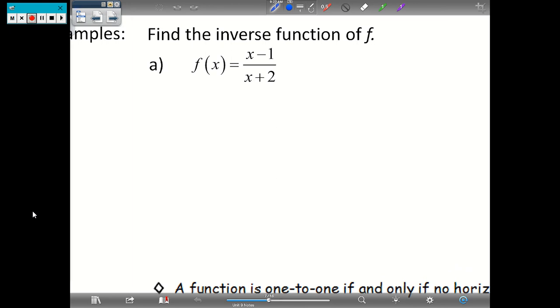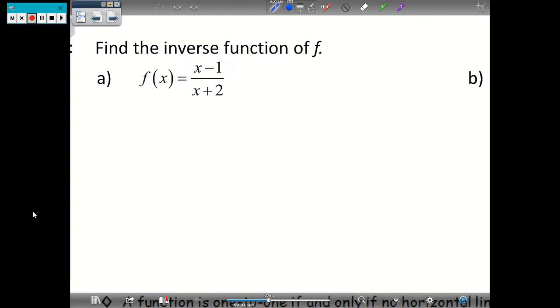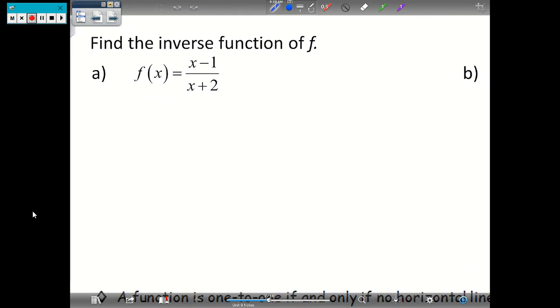But before we do that, I would like to find the domain and range of this. We just finished a unit on graphing rationals, right? This should be pretty straightforward for us. Okay, x equals -2 would be my vertical asymptote. My horizontal asymptote would be at y equals 1.